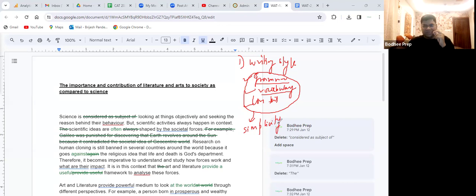And the first important aspect of simplicity is, keep your sentences short. I always repeat this, keep your sentences short unless you have the art of writing long sentences. If you keep your sentences short, more often than not, you would end up writing grammatically correct sentences.